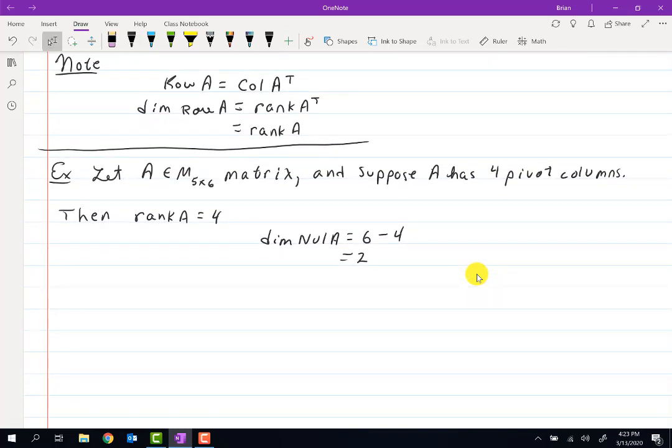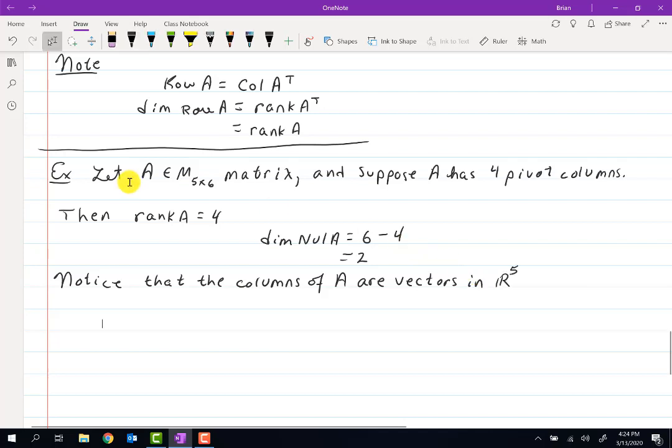Also, keep this in mind. Here's another thing to notice. Notice that the columns of A are vectors in R5. Basically, the number of rows of A tells us what space we're dealing with. Each column has 5 rows, so the columns of A are vectors in R5.